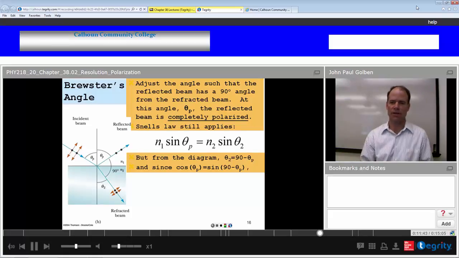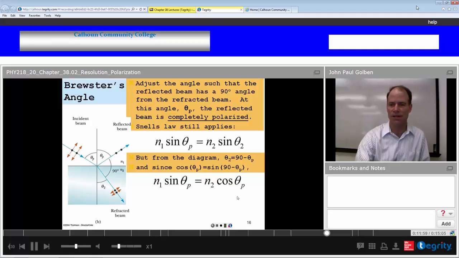They are complementary. So theta 2 is equal to 90 minus theta sub p, and that means that the cosine of theta sub p should equal the sine of theta 2. So I'm going to substitute in for the sine of theta 2 the cosine of theta sub p.